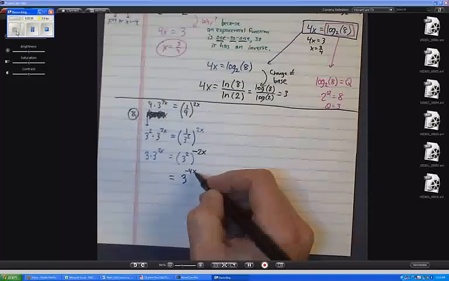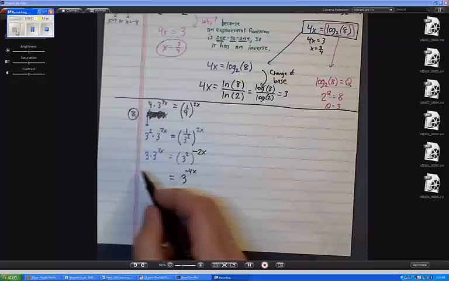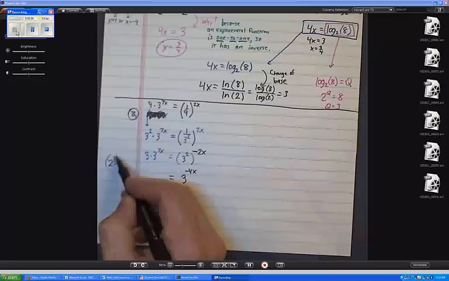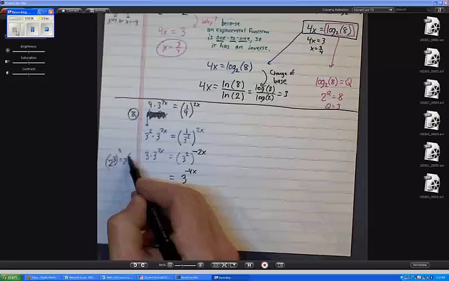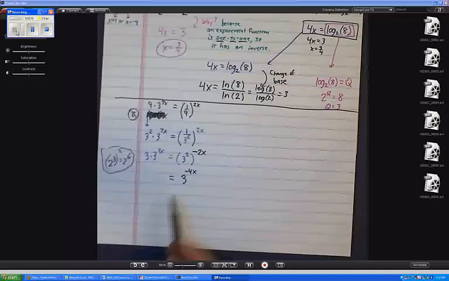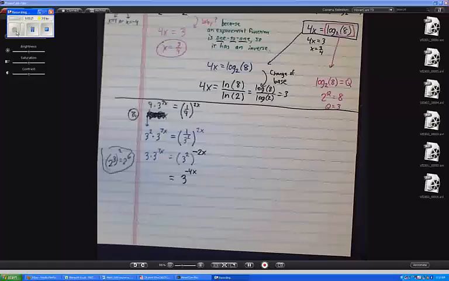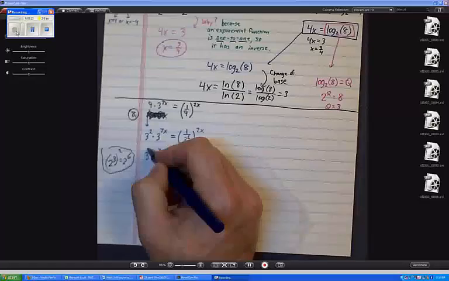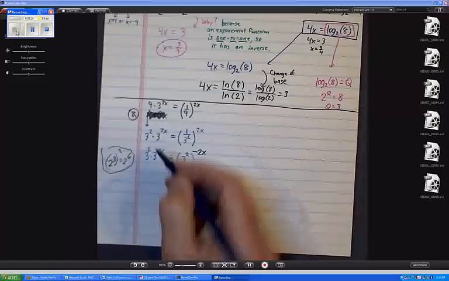Just like if I have 2 cubed squared, we know that's 2 to the 6th, right? Yeah, Matt. Oh, yeah, where'd that squared go? That's bad, thank you. That squared should still be there. I lost the 2. That would have been bad.